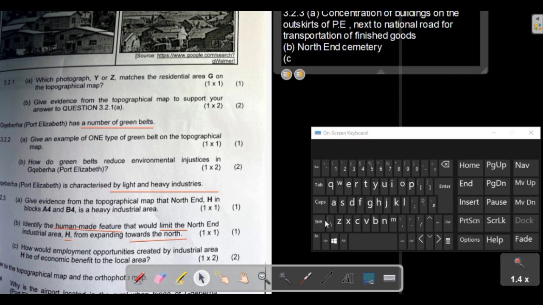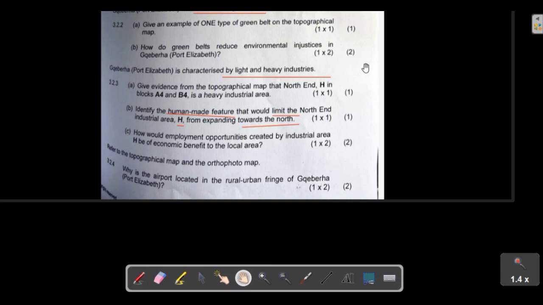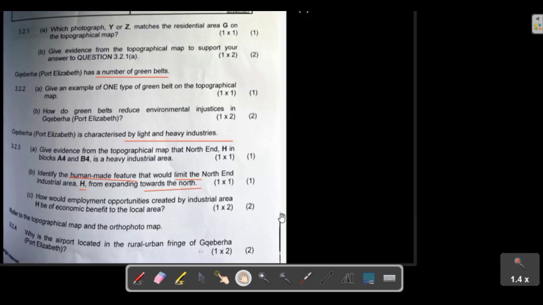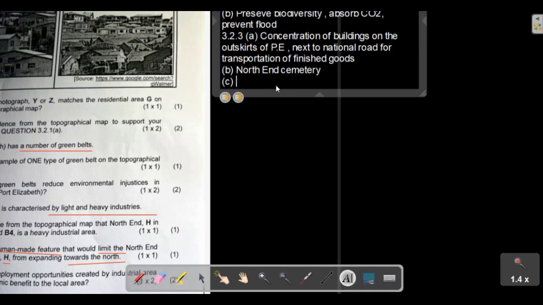Move on to the next question. How would employment opportunities created by industrial area H be of economic benefit to the local area? Economic benefit. So this is economic geography.